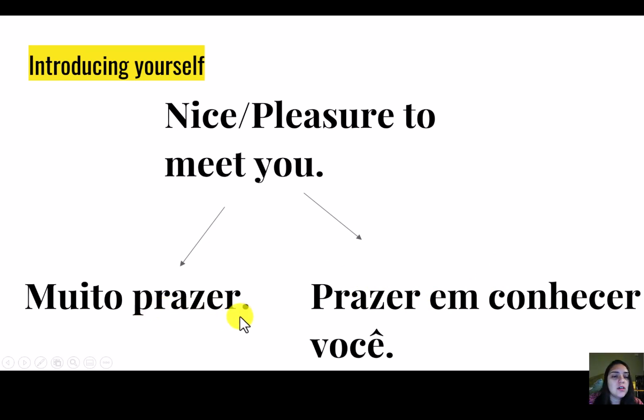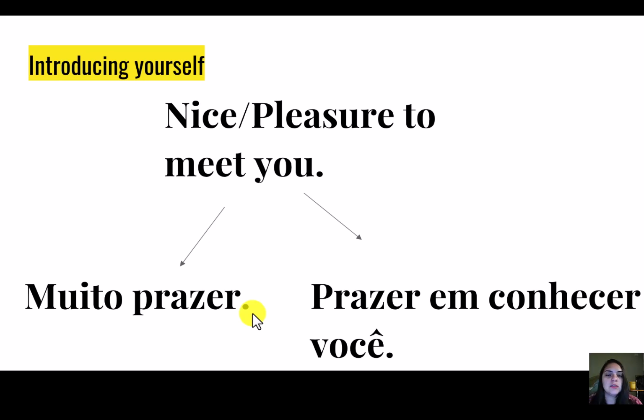So if you have an R here that is between a consonant and a vowel, you have this harsher sound. At the end of words, depending on where you are, the letter R in Brazil will have more of an H sound in English, a more breathy sound, okay? So it would be "prazer, muito prazer".